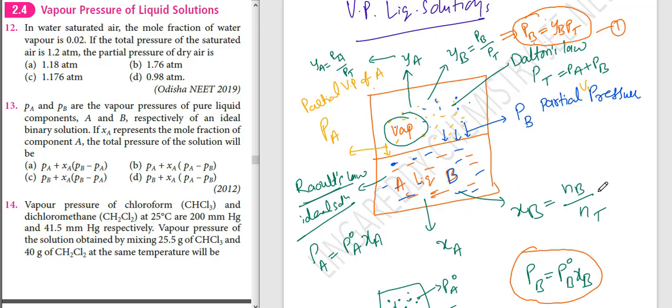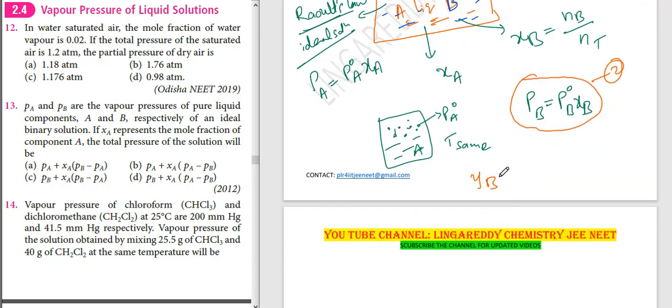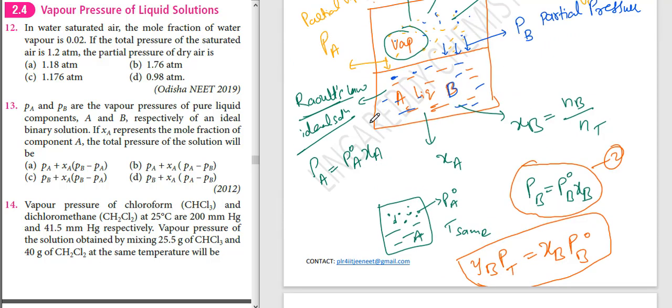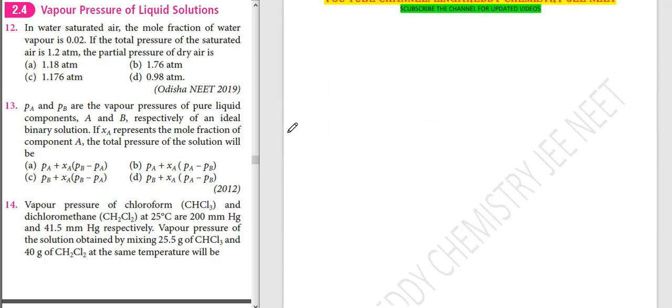Therefore, from equation 1 and equation 2, I can write YB PT equals XB PB naught. These are the total formulas regarding vapor pressure. Right, understood? Two phases, two mole fractions, and P naught A is there. Now we will go for questions.